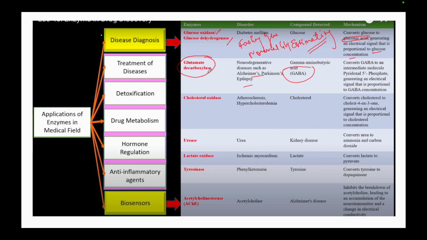The enzyme used here is glutamate decarboxylase, which decarboxylates the gamma aminobutyric acid and converts it to an intermediate molecule, pyridoxal 5-phosphate.